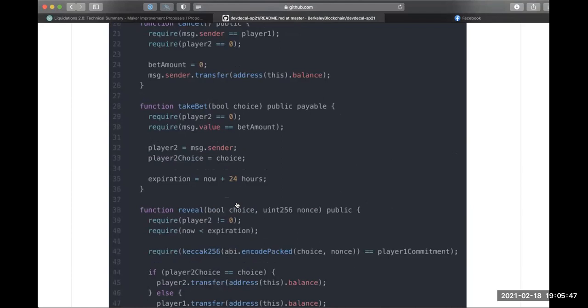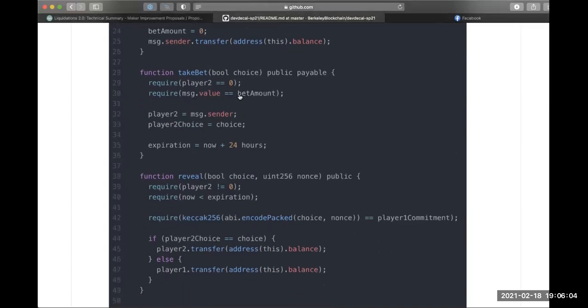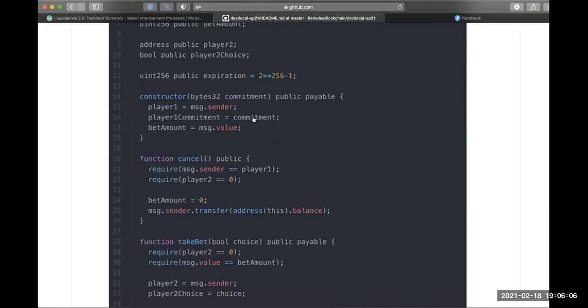When we want to transfer the balance. You put payable when you want the function to happen automatically when you transfer a balance. So when someone transfers funds to the contract, take bet would happen automatically, and so would the constructor. If there's no constructor, then the contract won't work, so you have to construct it automatically.